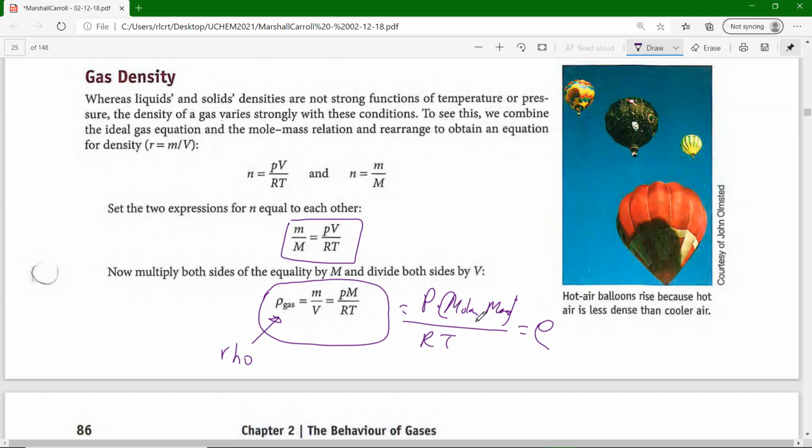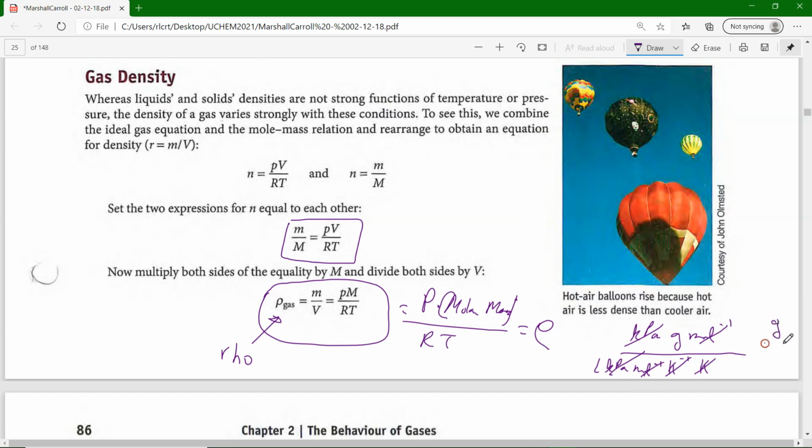Now let's just check our units here. So pressure, let's say it was kilopascals, molar mass is grams per mole, and then R is liters, kilopascals per mole per degree, and temperature is degrees, so those cancel. The per moles cancel, the kilopascals cancel, and you get units of grams per liter.